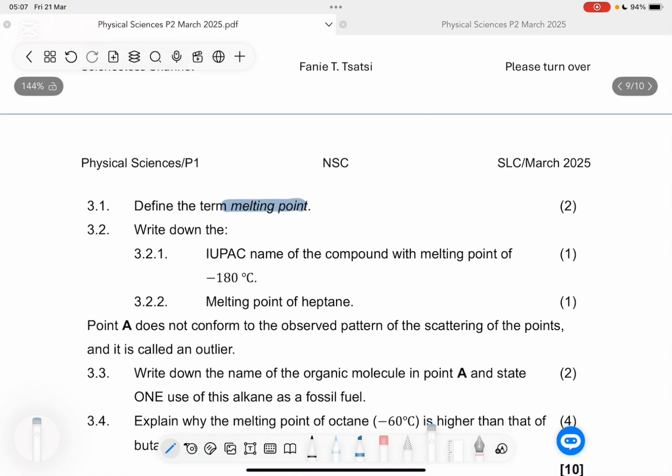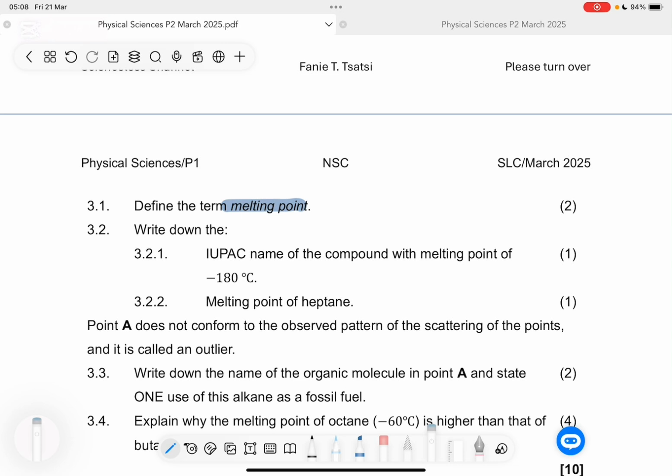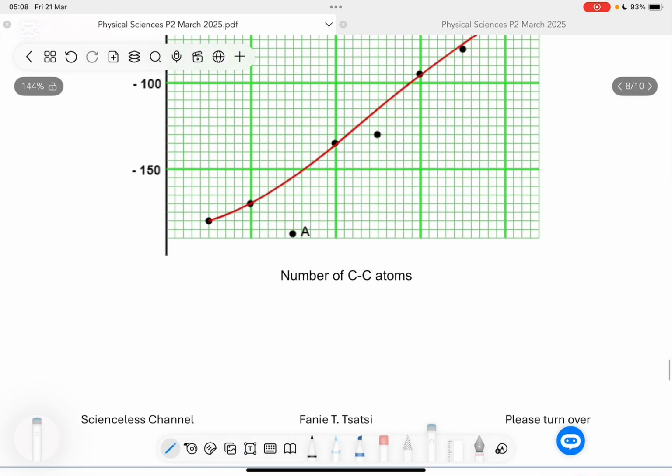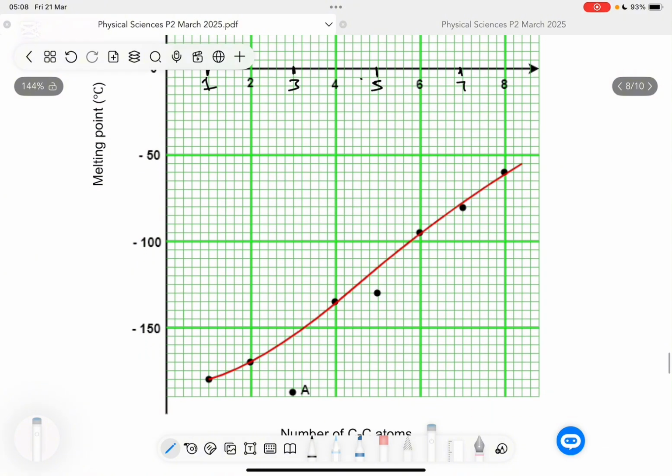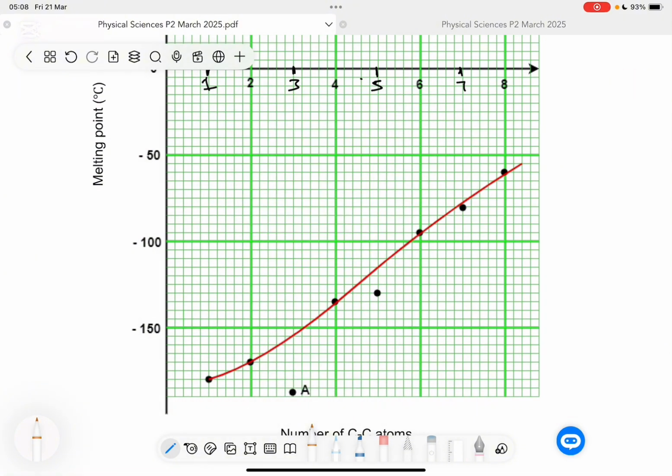Now under question 3.2, they say write down the IUPAC name of the compound with a melting point of negative 180 degrees. That is 3.2.1, I mean. When we go to this question, we are basically going back to our graph and interpreting it.